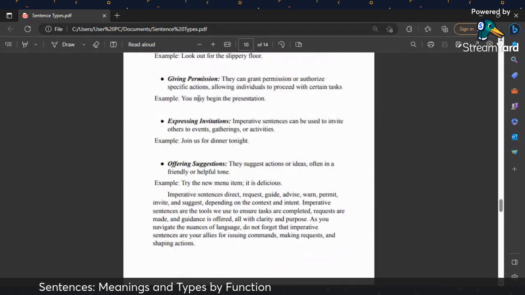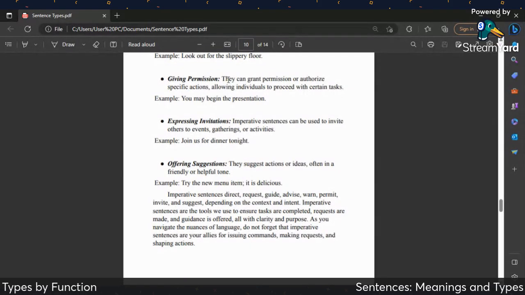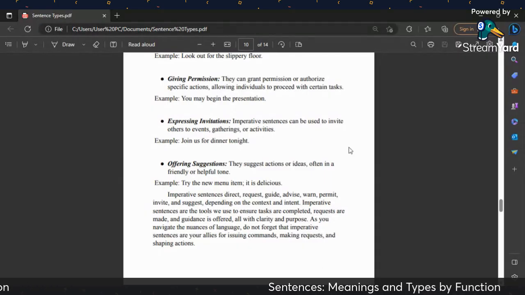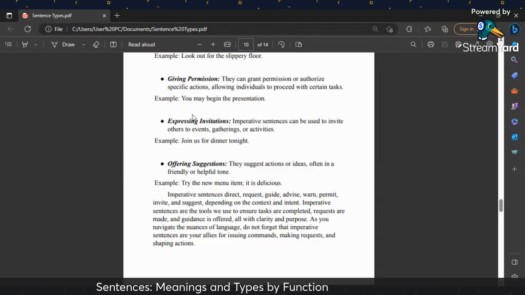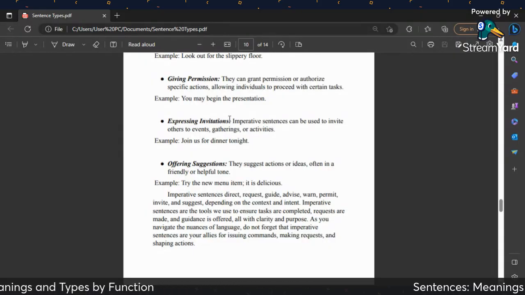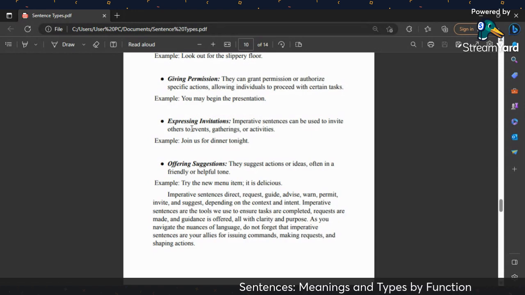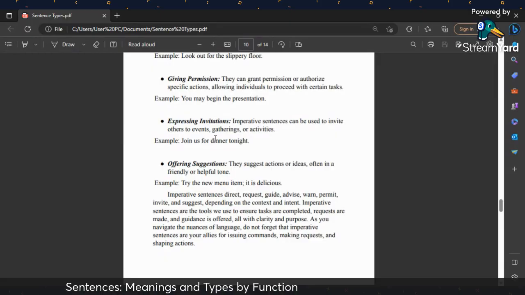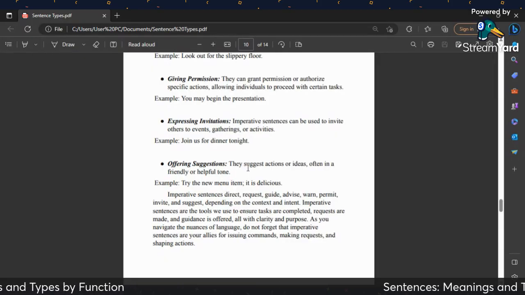Another function is to give permission. You can use imperative sentences to give permission or authorize specific actions. You may begin the presentation. That is an example. Expressing invitations: you use imperative sentences to invite others to events, gatherings, or activities. Join us for dinner tonight. We also use them for suggestions.